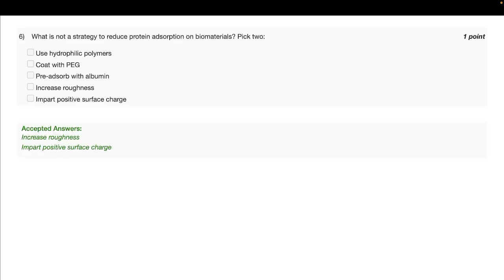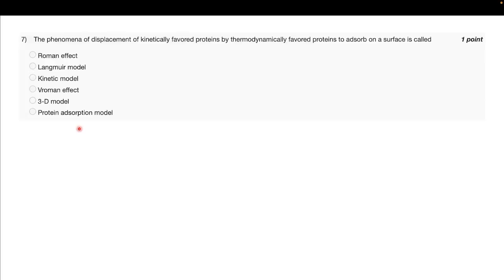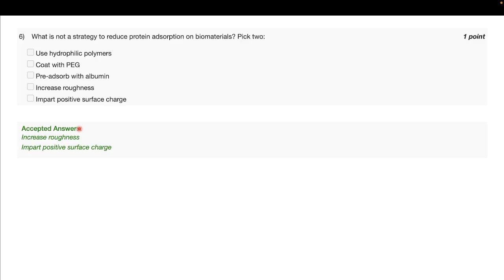Okay, let's look at the answers. All of you are correct. The correct answers are options 4 and 5: increase roughness and impart positive surface charge. So we were just talking about this, right? If you want to reduce protein adsorption on biomaterials, you can use hydrophilic polymers, because if your surface is hydrophilic, since proteins have their hydrophilic parts exposed on their surface, there is very little interaction and the denaturation of the protein won't be much.